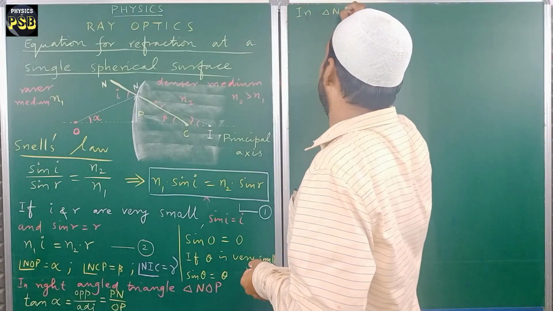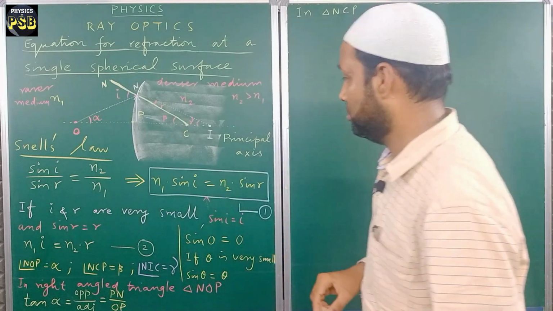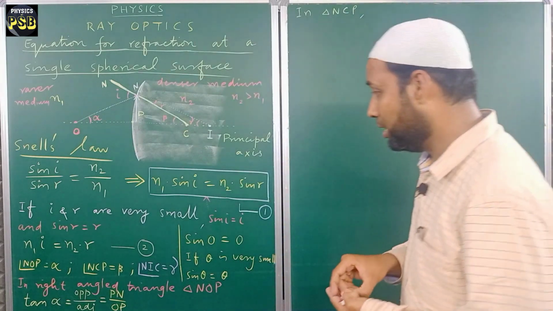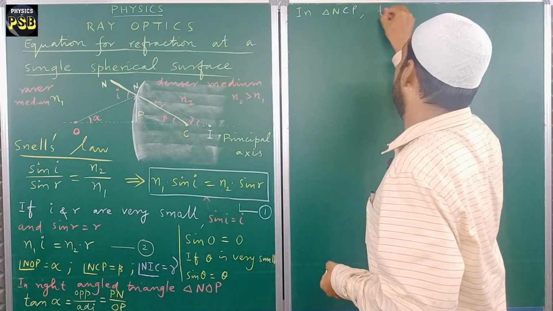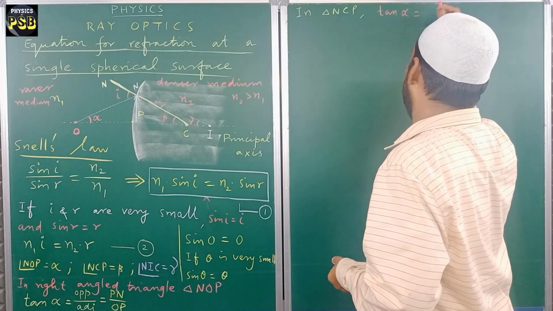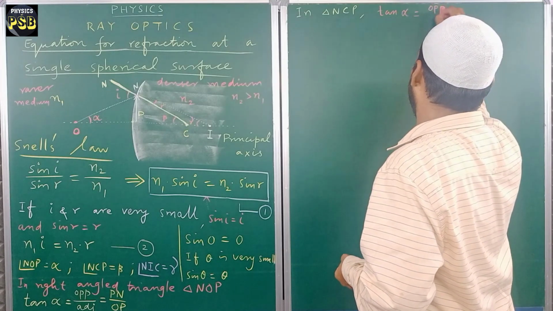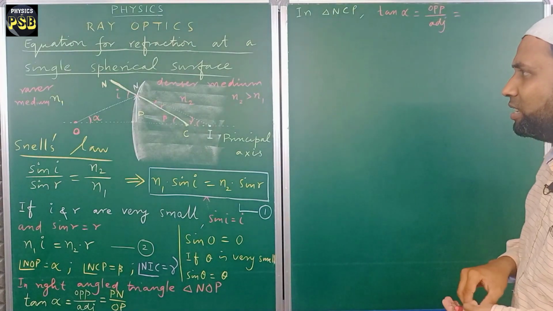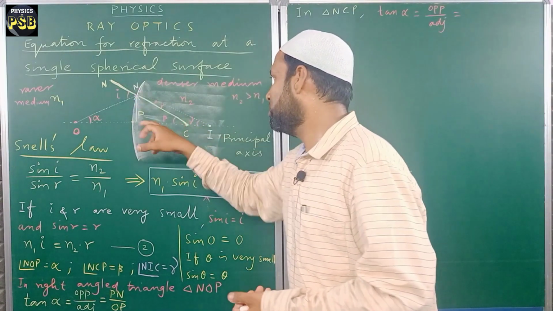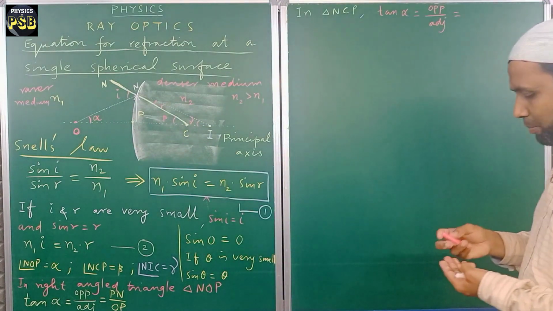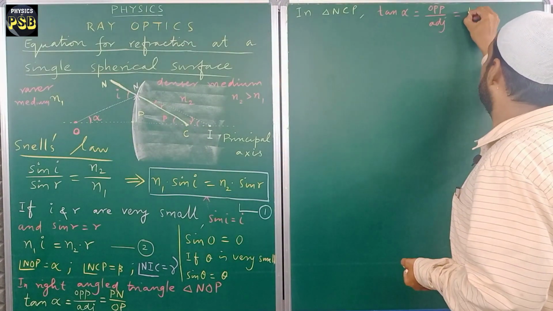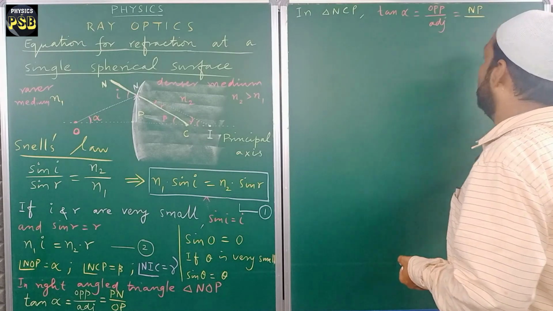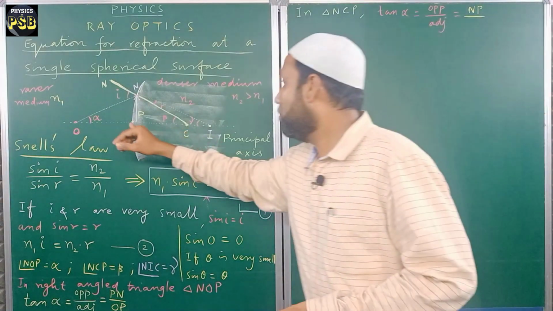Then I'll go for the next right angle triangle, that is triangle NCP. What do you get? Tan of beta is equal to opposite side divided by adjacent side. What is the opposite side here? In this case, because of NCP, the opposite side is NP, divided by the value of adjacent side.